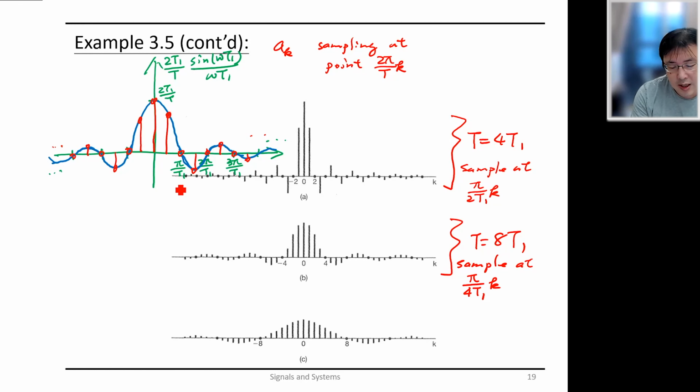Right. So this means that to get at the point pi over t1, k is already 4. Okay, so for k equal to 1, you sample here, k equal to 2, k equals to 3, 4, 5, 6, 7, 8, 9, 10, and so on.